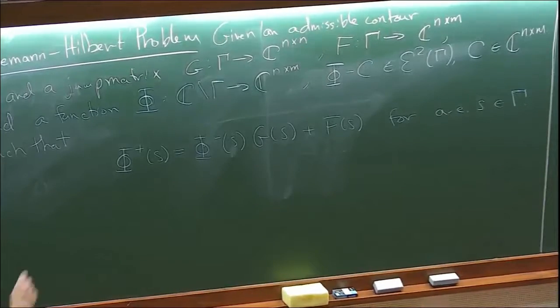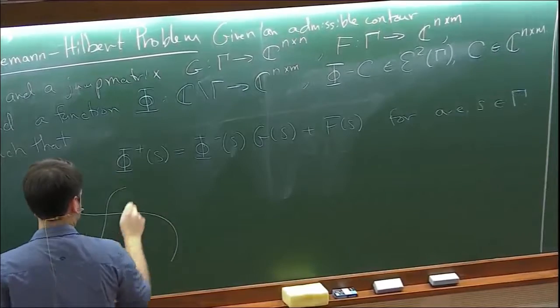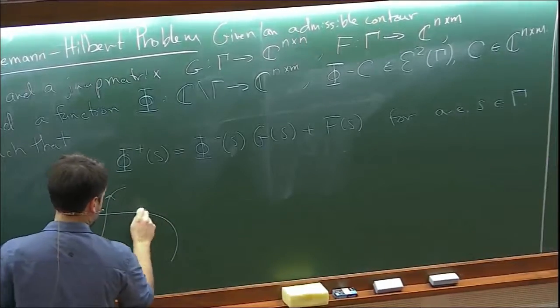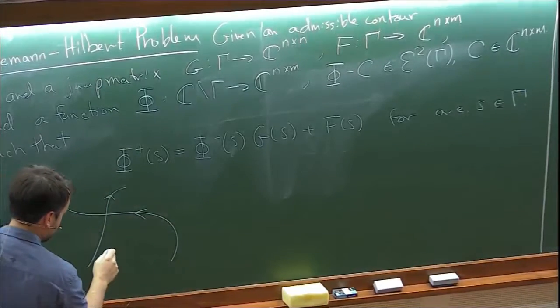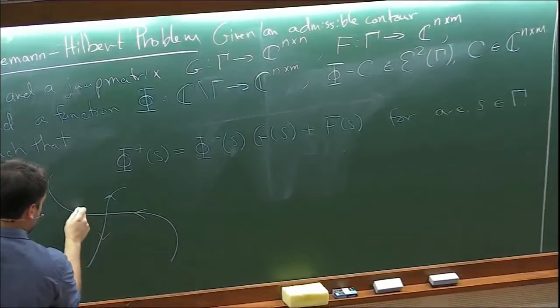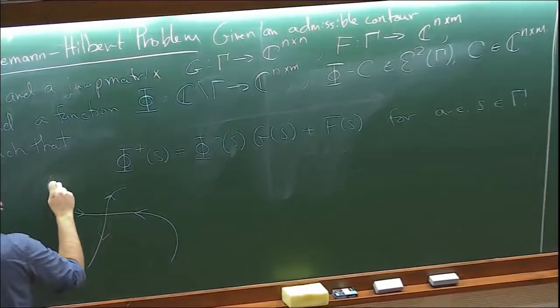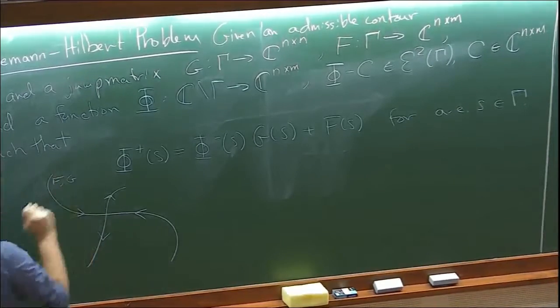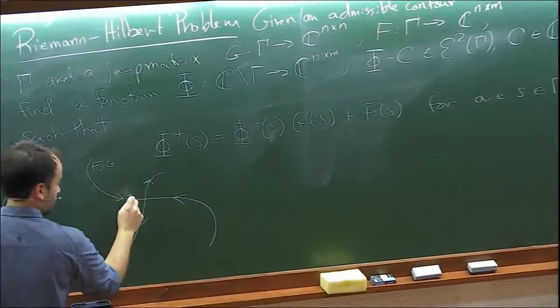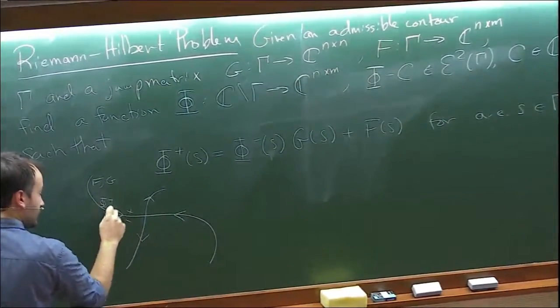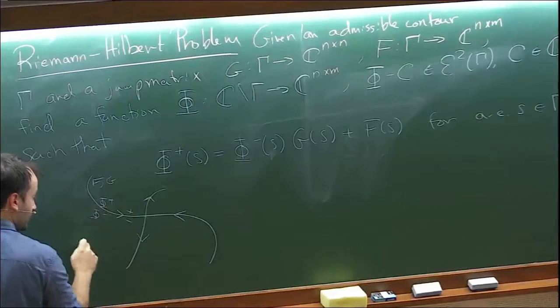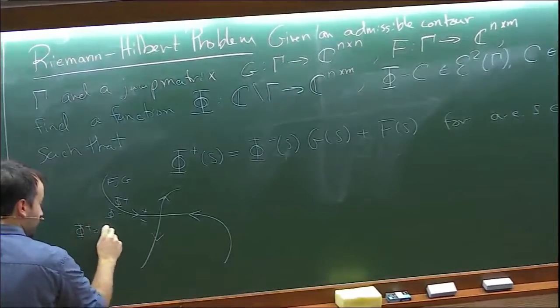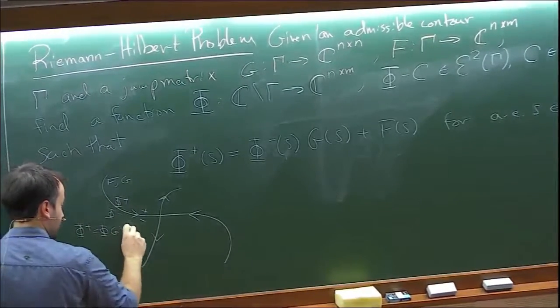Let's get our orientations right. On the contour, I have f and g given data, and here's my plus and minus: phi plus from this side, phi minus from this side. I should have phi plus equals phi minus g plus f.